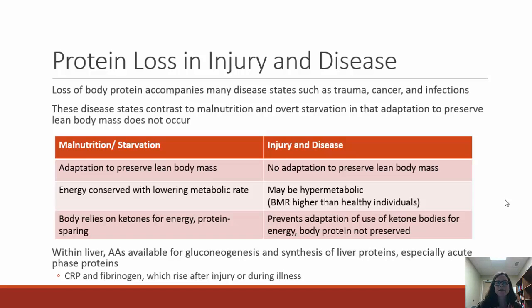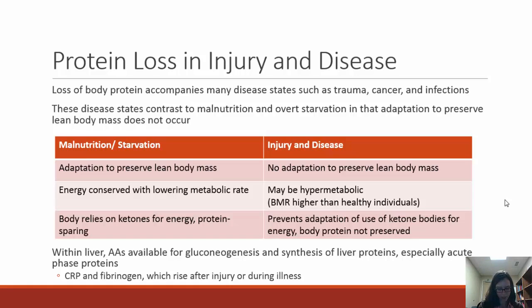And our body treats our protein in very different ways than it did during malnutrition or starvation, in that our adaptation to preserve lean body mass during these disease states does not occur. So if we're malnourished or we're starving, our body says, okay, I got to preserve the protein that I have left. But when we have protein loss in these disease states, we don't have that protein sparing effect.